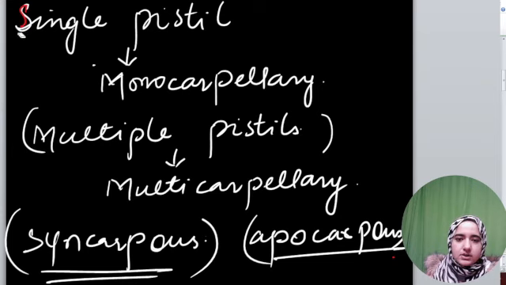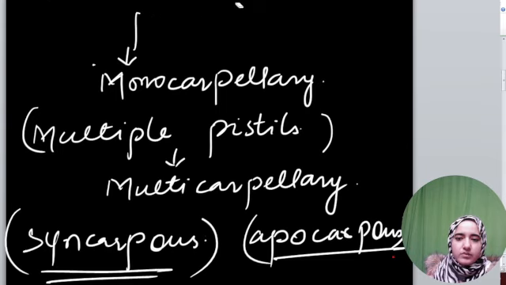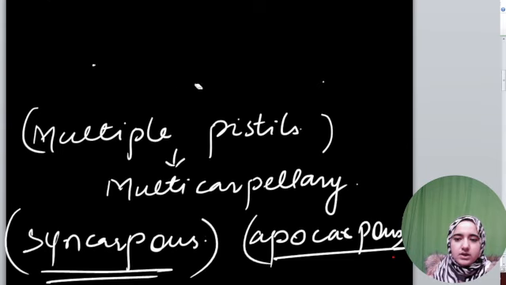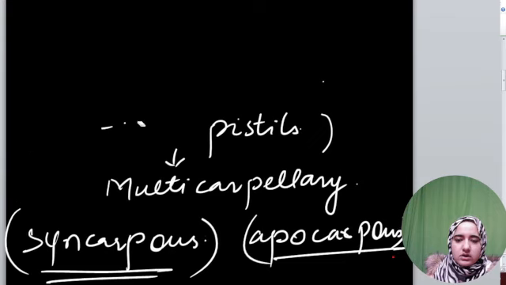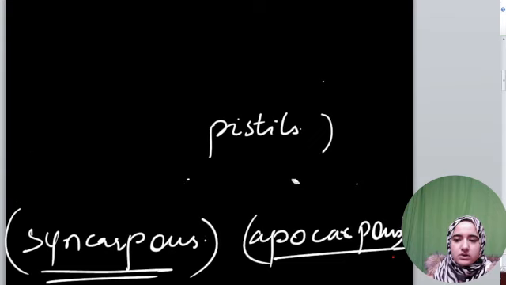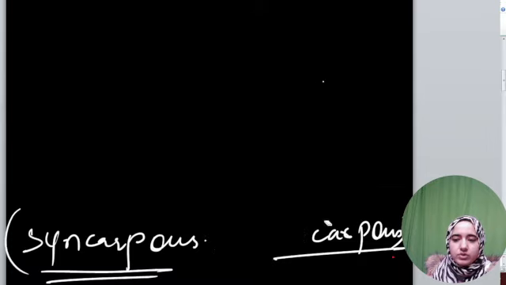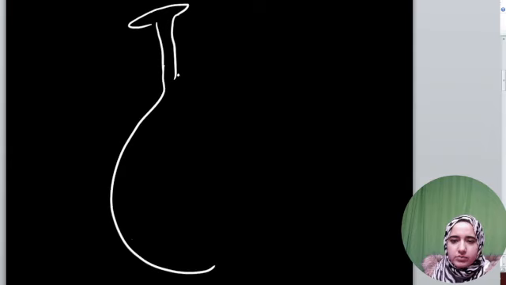Moving ahead. I'm again forming the structure of pistil. Let's recall the structures which are present in the flower's female reproductive structure. For example, the upper portion is stigma, then we have style, then finally we have ovary, the bulged portion, like this.